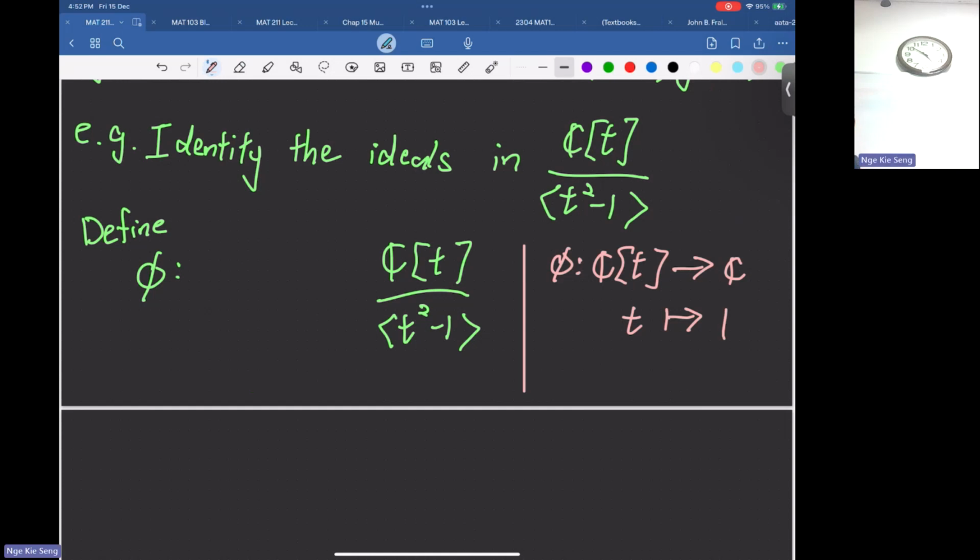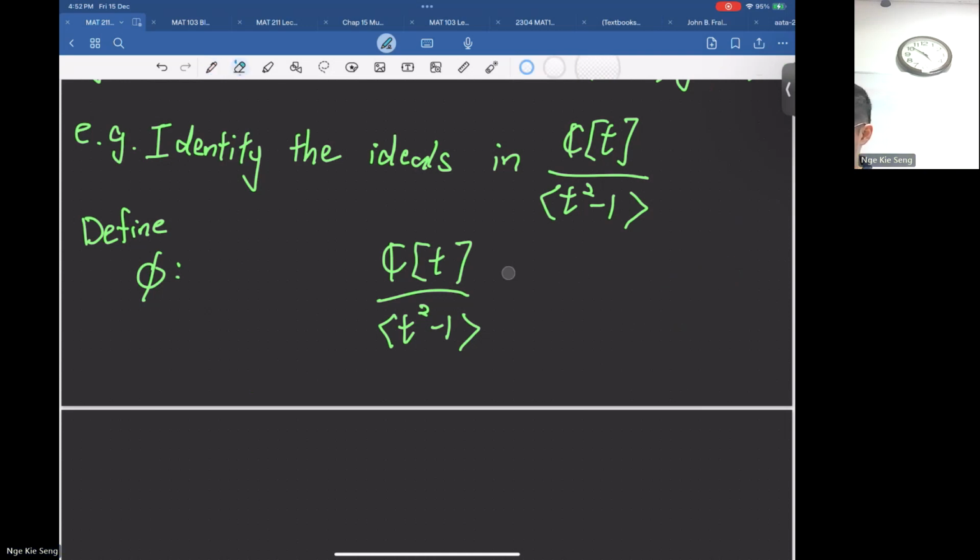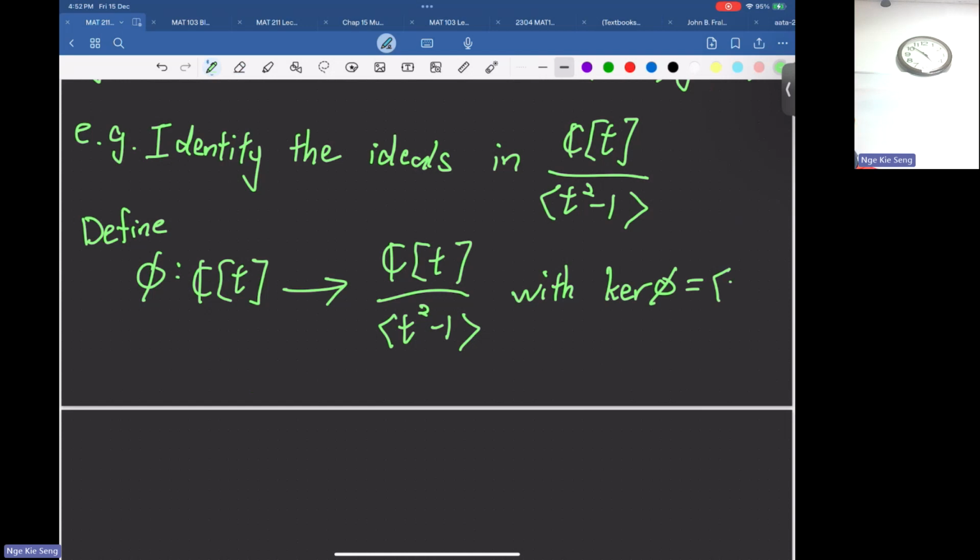You cannot do this. But actually, you can form a map from C[t] to this ring, by killing it, with the kernel of phi equal to t squared minus 1.